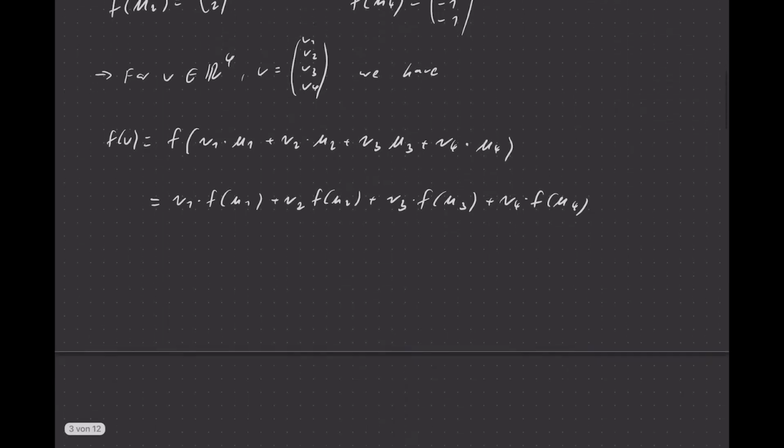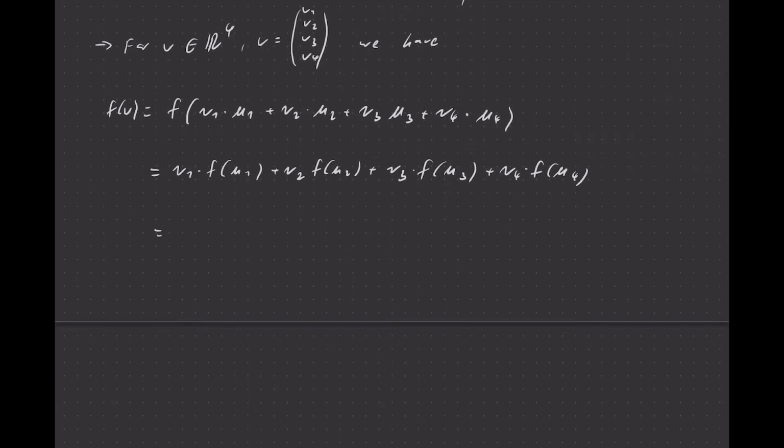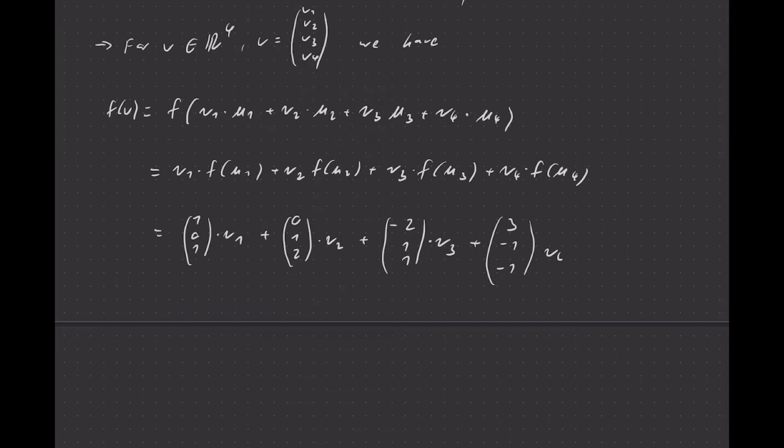So this is exactly the same as (1, 0, 1) times v1, I just changed the order, plus f of u2, that was defined to be (0, 1, 2), times v2. f of u3 was defined to be (-2, 1, 1) times v3. And finally, f of u4, (3, -1, -1) times v4.